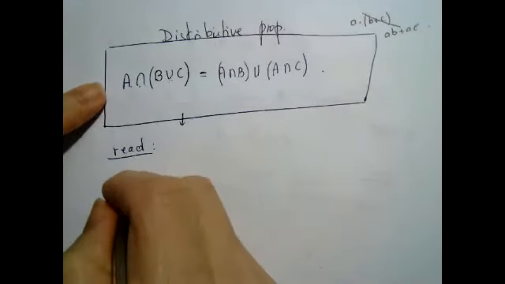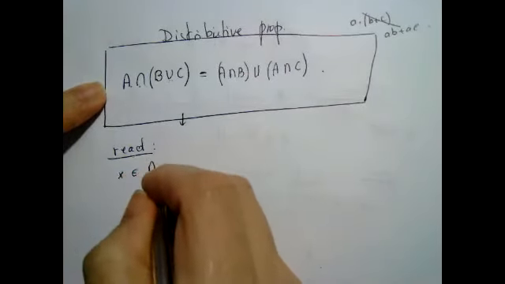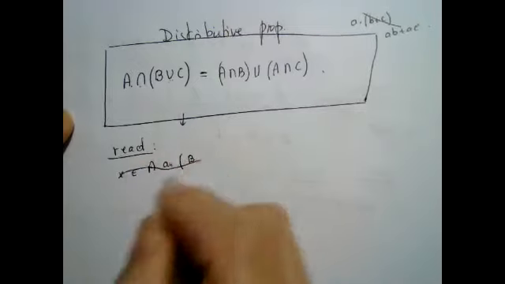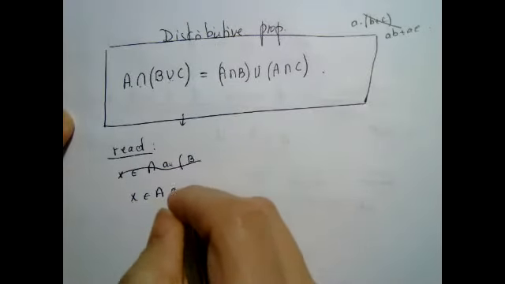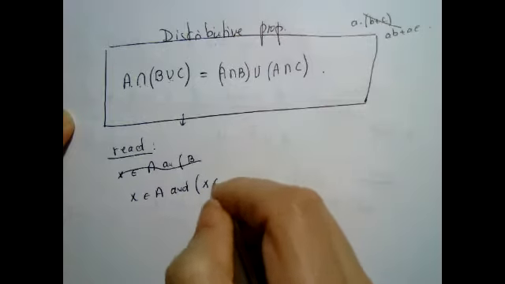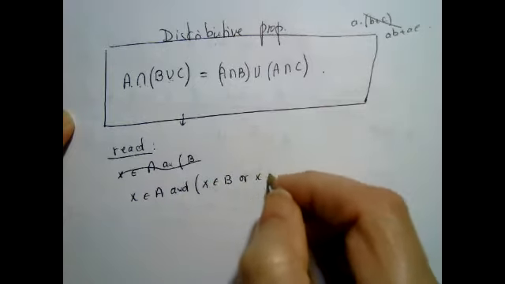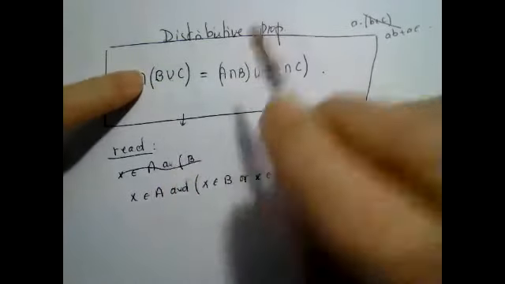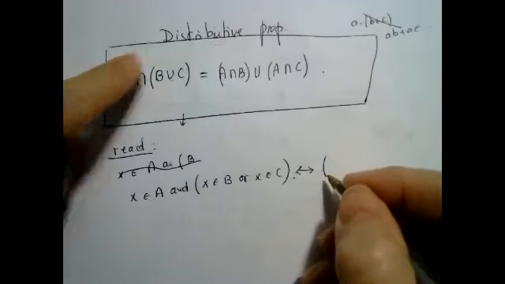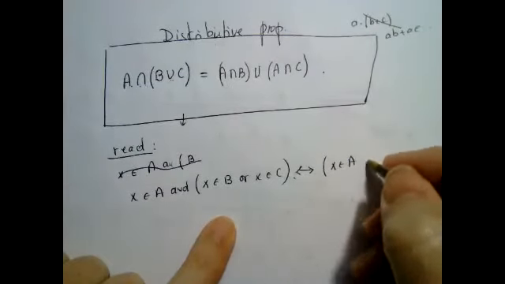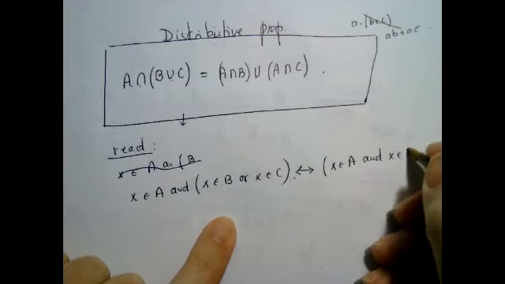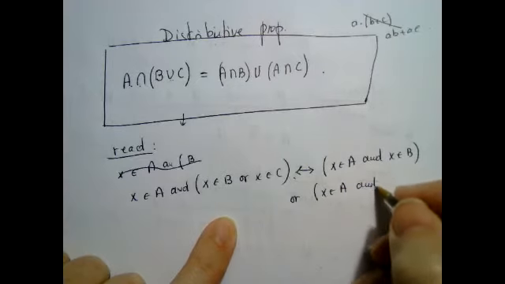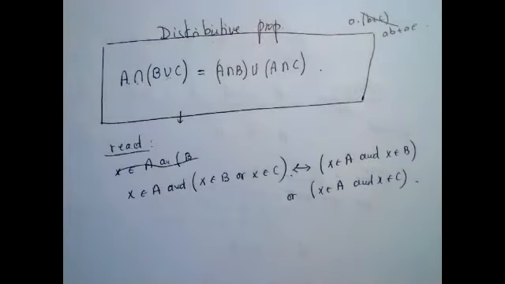It tells me that X is in A and X is in B or in C, which is equivalent to saying X is in A and B, or X is in A and C. Let us read it one more time.